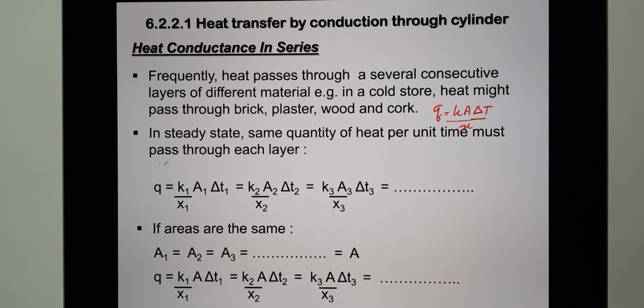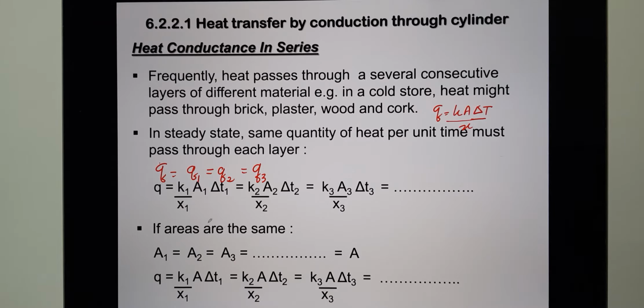Meaning that Q equals to Q1 equals to Q2 equals to Q3. And the equation for Q is kA delta T over x.